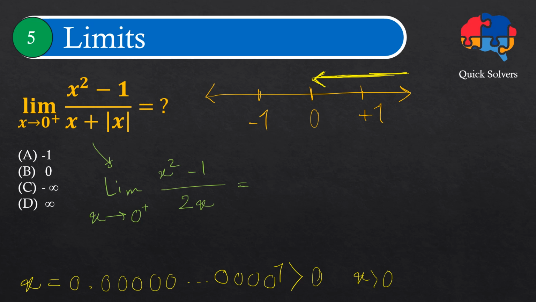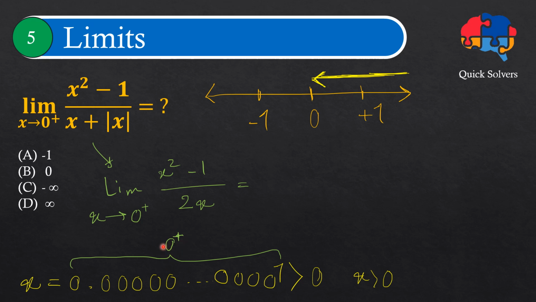Now to find this limit, I can replace x here and here by something like this, but this is a very small number, with many zeros here. So instead of writing something like this instead of x, I replace it by something like this, 0 plus. And then we know what we are talking about.